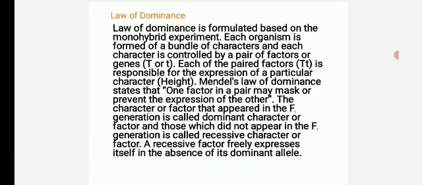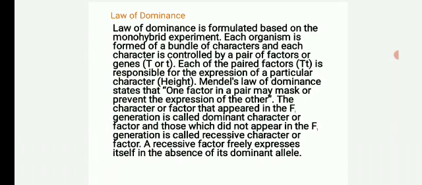Mendel's law of dominance states that one factor or one gene in a pair may mask or prevent the expression of the other gene.